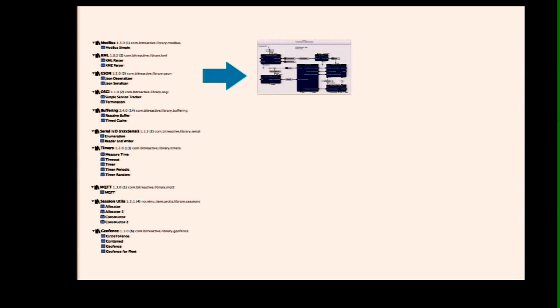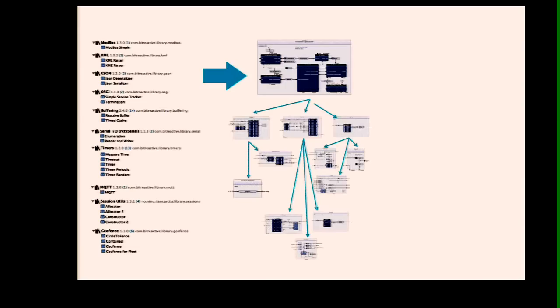And there could be building blocks for Modbus, for JSON, for MQTT, for buffering, and a lot more. And then you arrange them and combine them into applications. The applications, as you have seen, are then represented by a hierarchy of building blocks. So on top, it looks very simple, and then it goes down into building block and building block and building block until you get elementary building blocks that only contain Java operations.